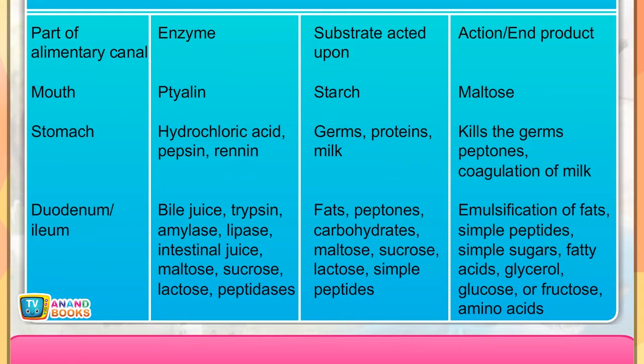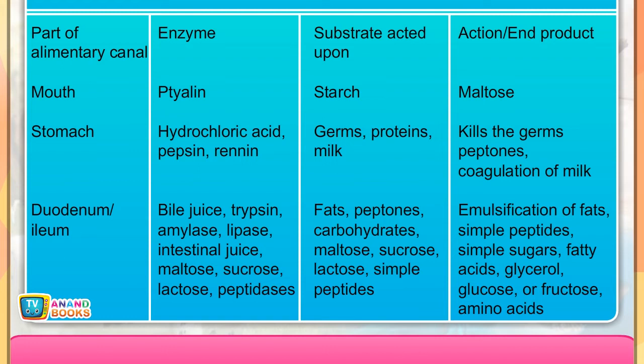Different enzymes responsible for digestion. Part of alimentary canal, enzyme, substrate acted upon, action or end product. Mouth, ptyalin, starch, maltose. Stomach, hydrochloric acid, pepsin, rennin, germs, proteins, milk. Kills the germs, peptones, coagulation of milk.